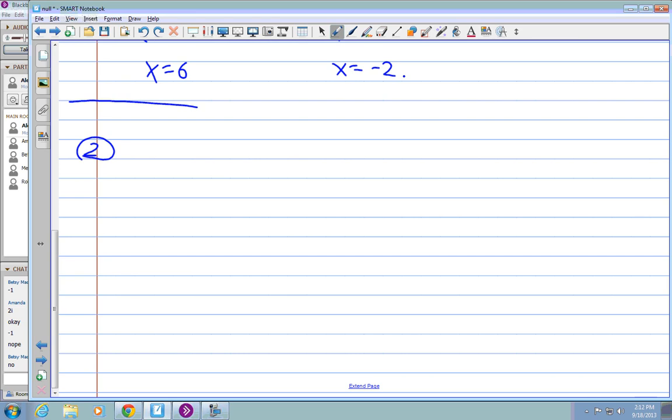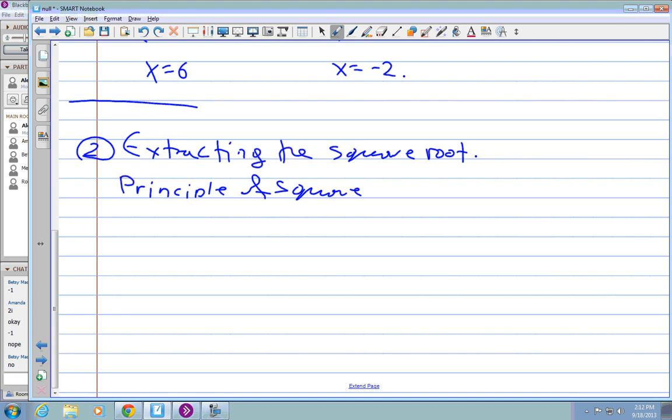The second technique is extracting the square root. It uses, your book calls it, the principle of the square root, that suggests if x squared equals k, then x equals plus or minus square root of k.